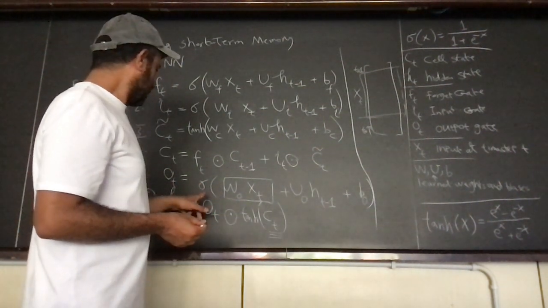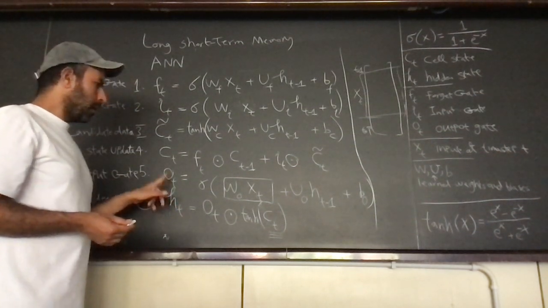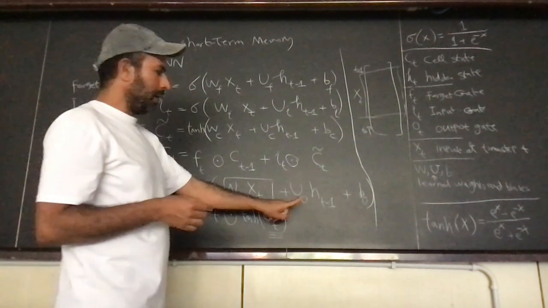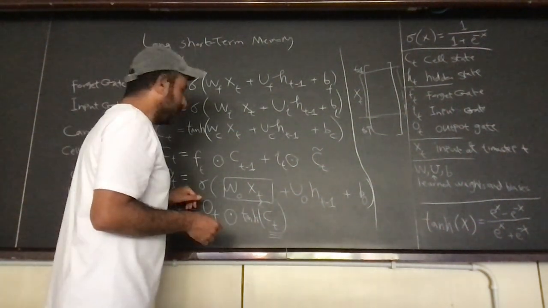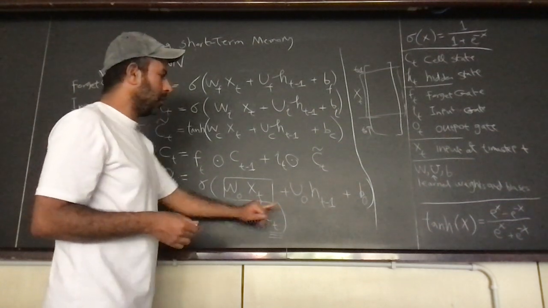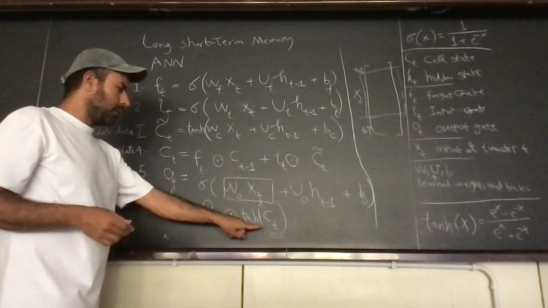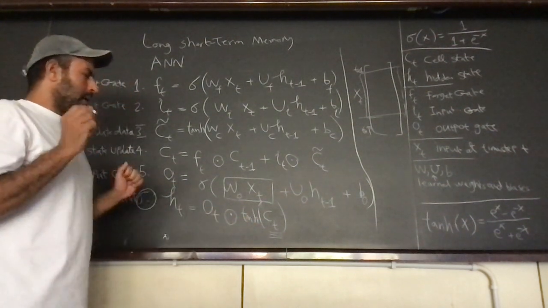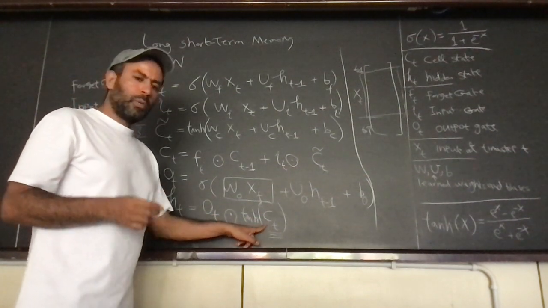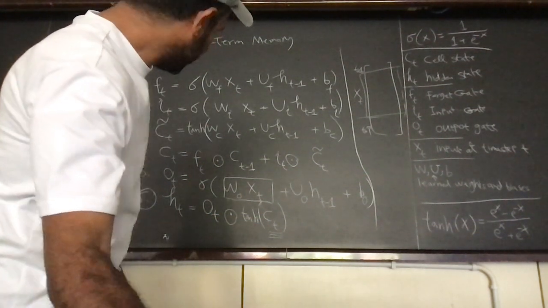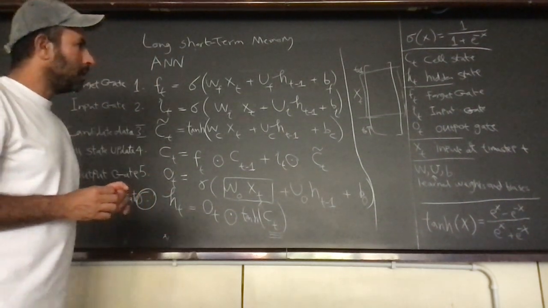To predict the output, we use directly the hidden state. The output here depends directly on the hidden state, and the hidden state, as we have said, is a non-linear transformation of the long memory cell state into the space of the output. I hope this is clear.